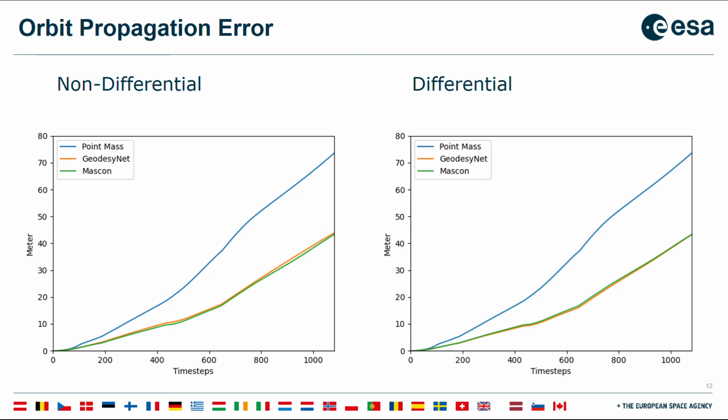For the differential case, very slightly lower. But they're both much better than assuming point mass. So these time steps here are of 10 seconds each, and so they're about 3 hours. And they're also much finer than the 5 minute intervals we use to sample to generate our data. So it makes sure that it's not only learning these samples at 5 minute intervals.